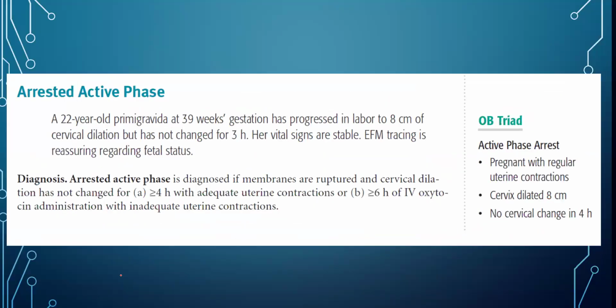Now, more important is arrested active phase of labor. So let's say the patient is in the active phase of labor, so the cervix is now dilated more than 6 centimeters. The membrane has been ruptured, but cervical dilation hasn't changed for more than 4 hours with adequate contraction, or more than 6 hours with inadequate contraction.